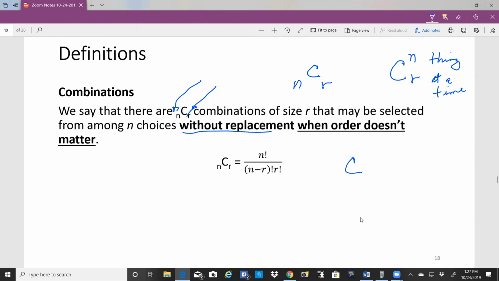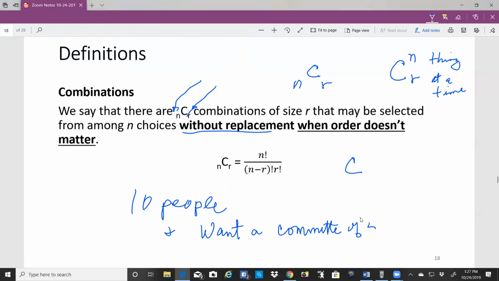Suppose we had 10 people, and want to form a committee of 5.